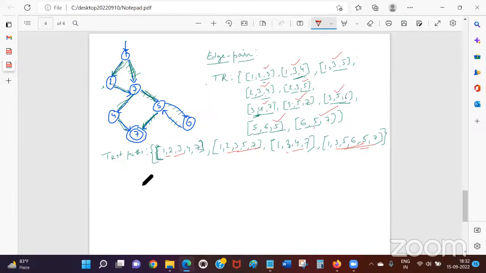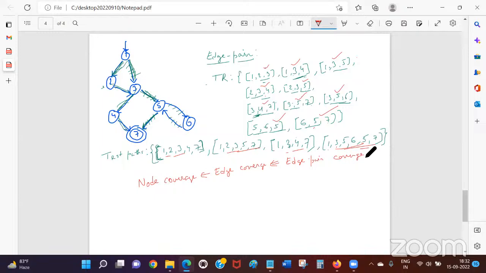So the simple way to understand: node coverage is covered or subsumed by edge coverage, which is covered or subsumed by edge pair coverage. Right, so this is how we should go for it.